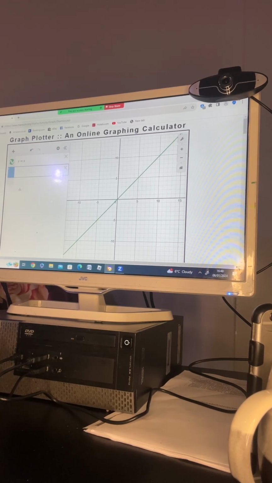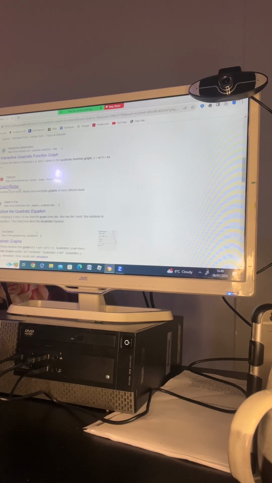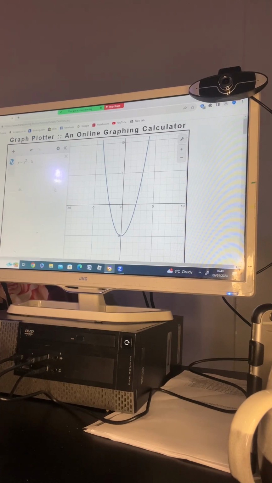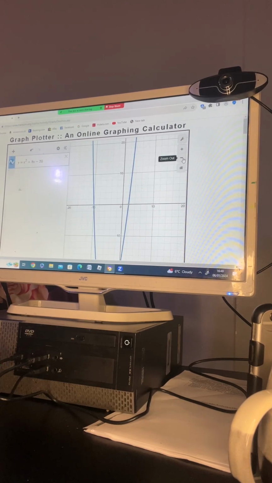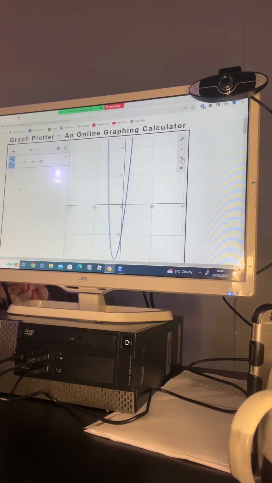Why is it not writing? Hold on for me. y equals x squared minus, let's say now, this time plus x minus 20. Let me reduce it. See that?